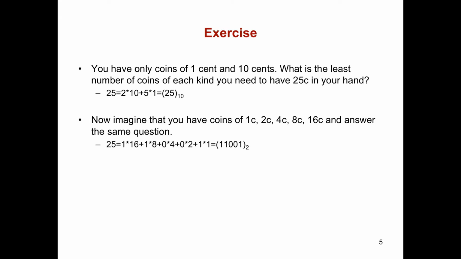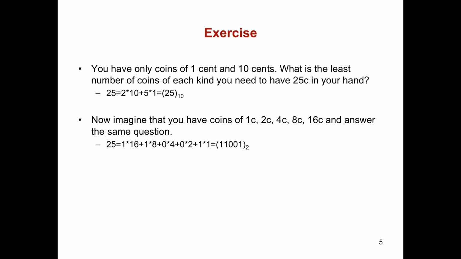I go in powers just like I went in powers of 10. 10 to the 0 is 1, right? So 5 times 1 plus 2 times 10 to the 1. Now I'm working in powers of 2. So I have 1 times 2 to the 0 plus 0 times 2 to the 1 plus 0 times 2 to the 2, which is 4, plus 1 times 2 to the 3, which is 8, plus 1 times 2 to the 4, which is 16.